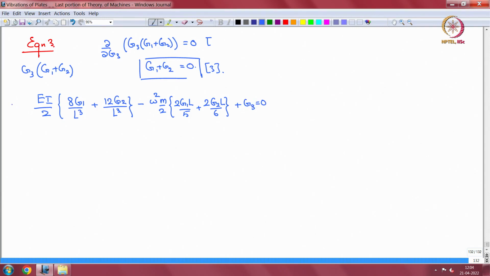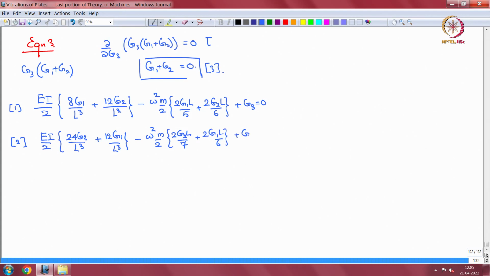So this is actually the first of the equations. Then the second of the equations, EI by 2 into 24 G2 by L cube plus 12 G1 by L cube, minus omega square m by 2 into twice G2 L by 7 plus twice G1 L by 6, plus G3 equal to 0. These are the three sets of equations.